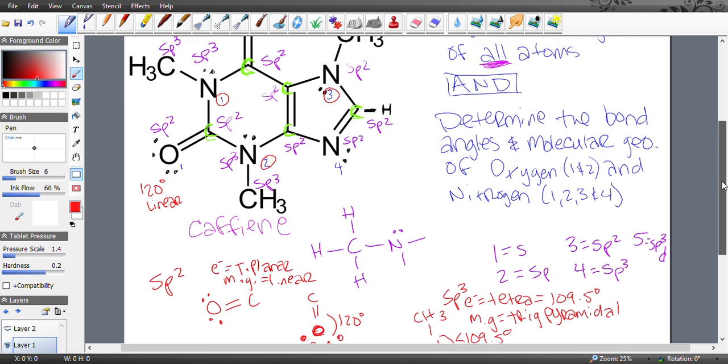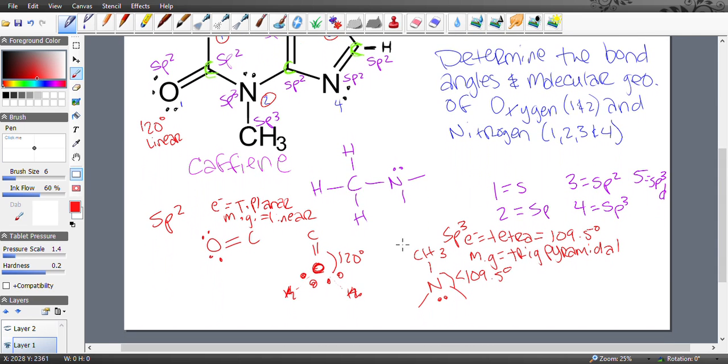Nitrogen 4, however, is a little different. It has a double bond, a nitrogen, a single bond, and an electron group. We know that that's sp2. And we know the electron geometry on that. Since it's a single atom with 1, 2, 3 groups, that's going to be trigonal planar, and the molecular geometry is actually going to be bent, right? Because we've taken away one of the atoms and replaced it with a lone pair.